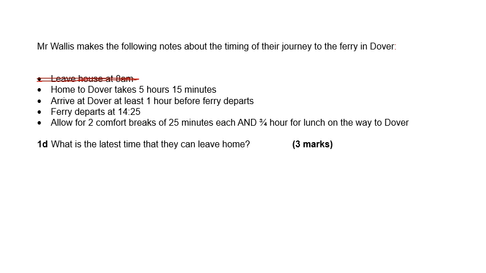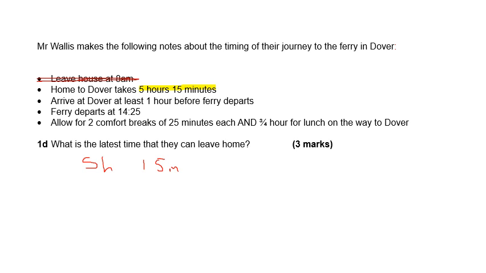Is our best thing to do first. Okay. So the journey itself, okay, we can see here from this first bit, takes 5 hours and 15 minutes. Okay. So 5 hours, 15 minutes. Okay.